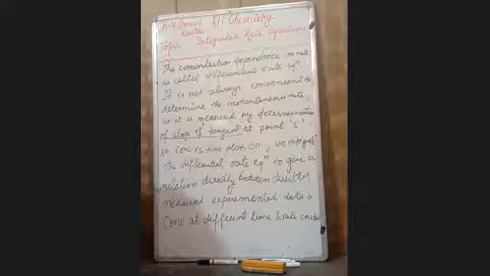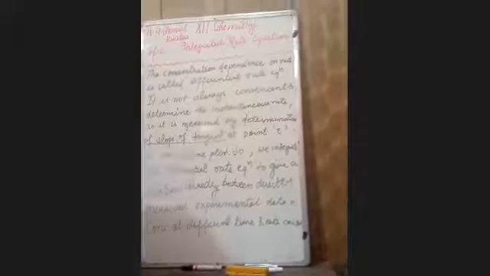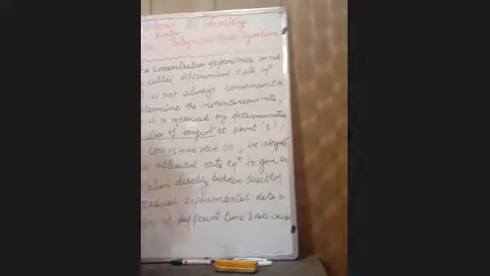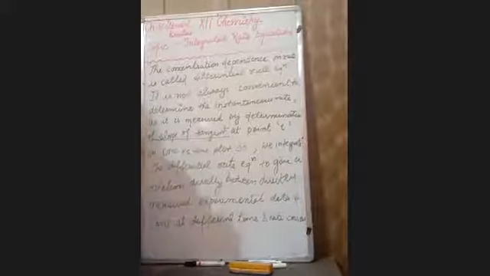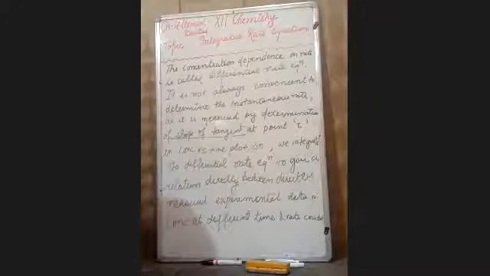Okay, my dear students, today we will discuss the integrated rate equations. Here, the concept dependent on rate is called the differential rate equation. We are writing the average rate or instantaneous rate in terms of minus dR by dt or plus dP by dt, you know.